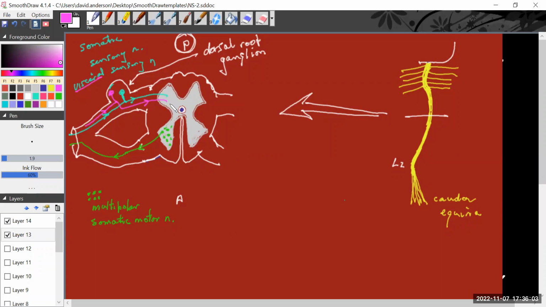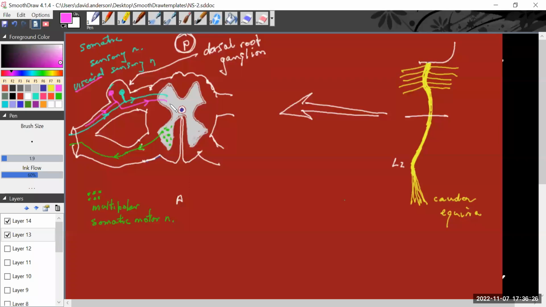And from the way I drew them, how would you describe these neurons? You've got three options. They could be multipolar, bipolar, or unipolar. Unipolar. They're unipolar.